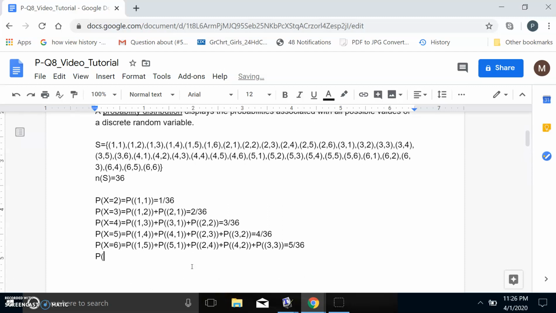And probability, I'm going to keep going until I get to 12 because the biggest the sum of the two dice could be is 12 if I get a 6 6. So probability x is 7, sorry.